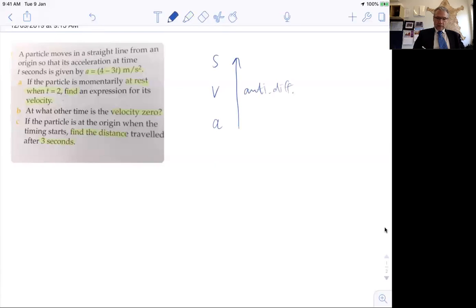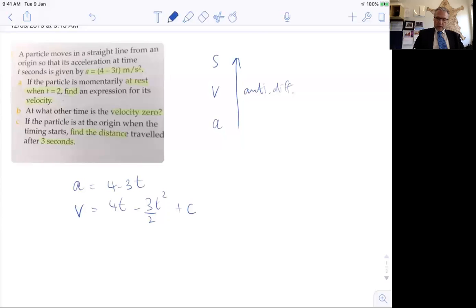Let's start by anti-differentiating the expression for the acceleration, 4 minus 3t. So the velocity is 4t minus 3t squared, add 1 to the power, divide by that power, plus c, the constant of integration.